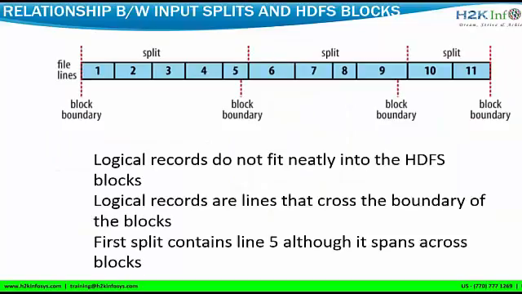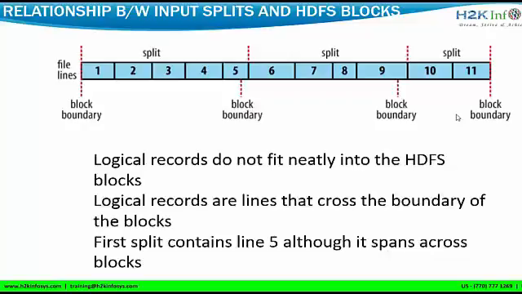If you see this diagram, you will understand much more clearly. There is some record or some line of text given in my input file. I have block boundaries till here, so 1, 2, 3 and 4, totally 1 block, 2 and then some part of another block, so 3 blocks in total.